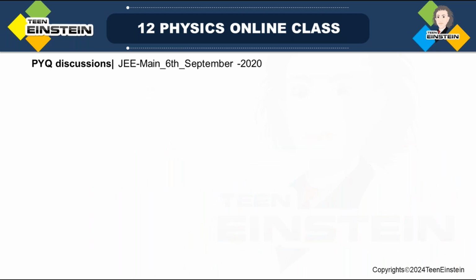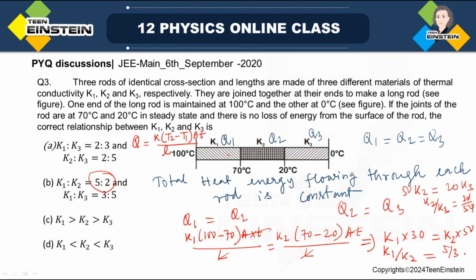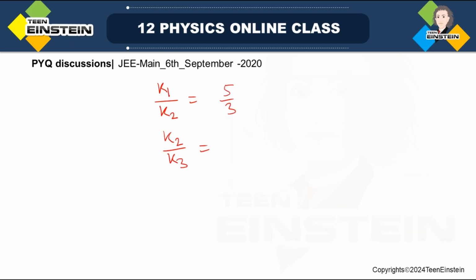So I have got K1 by K2 is equal to 5 by 3, and then we get K2 by K3 is equal to 2 by 5. So what is K1 by K3?